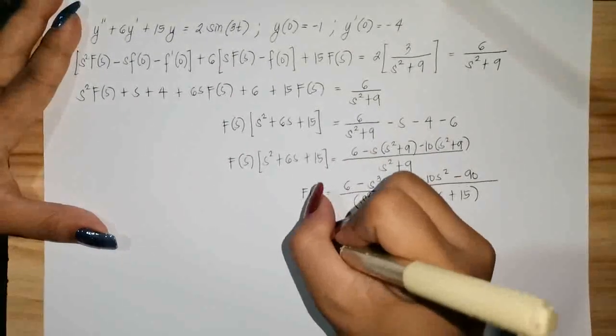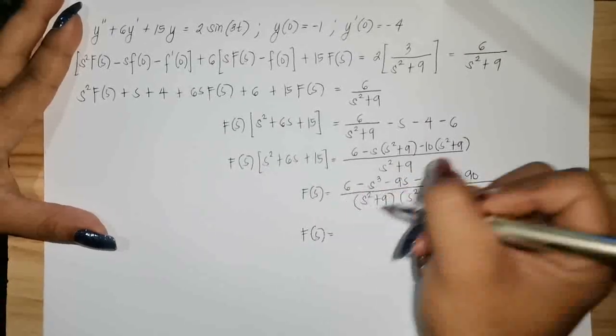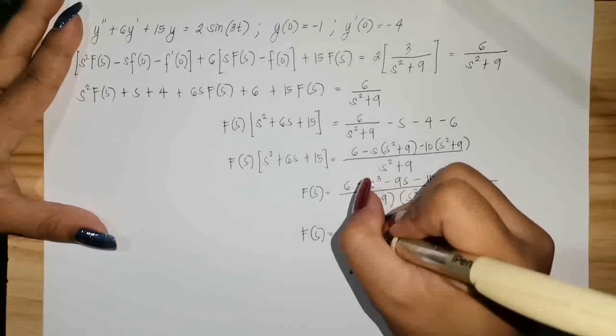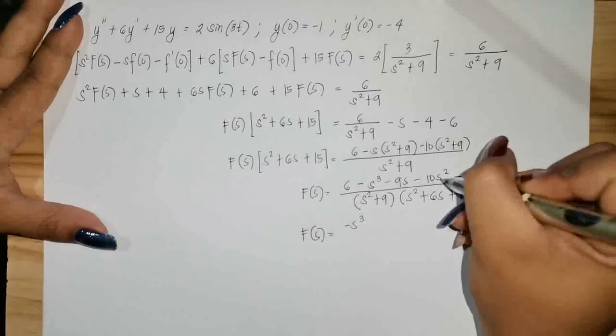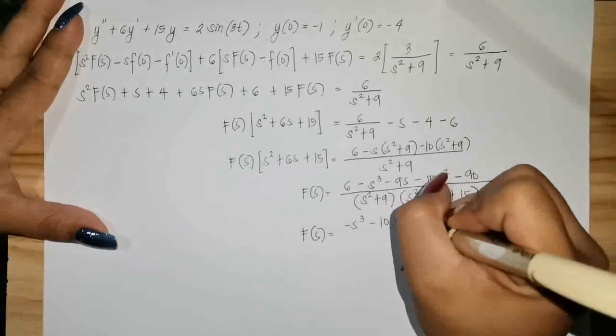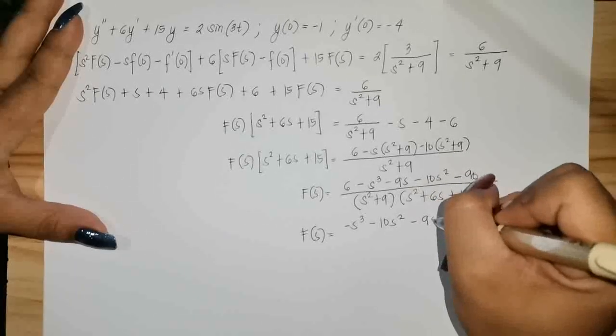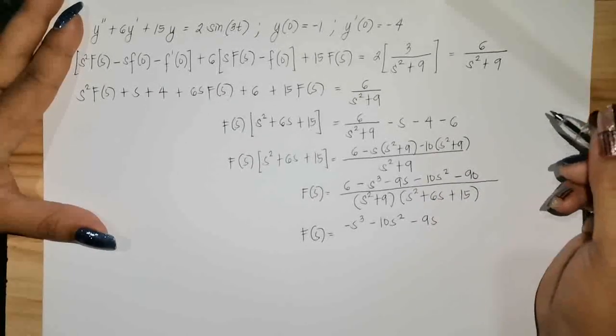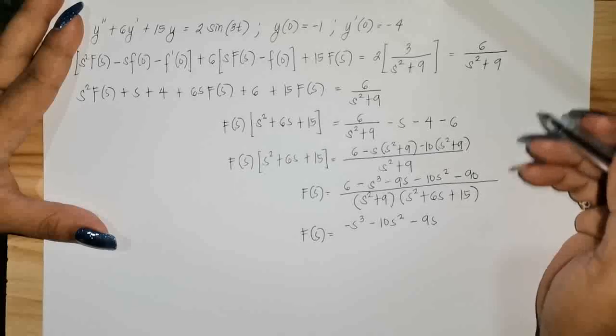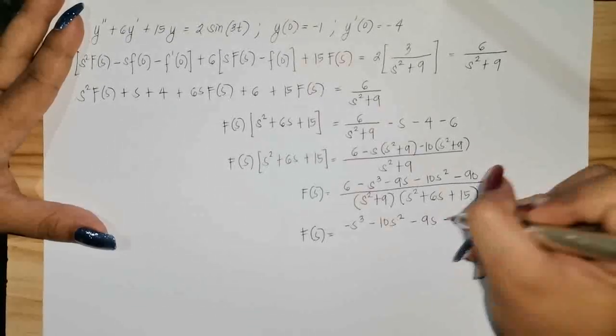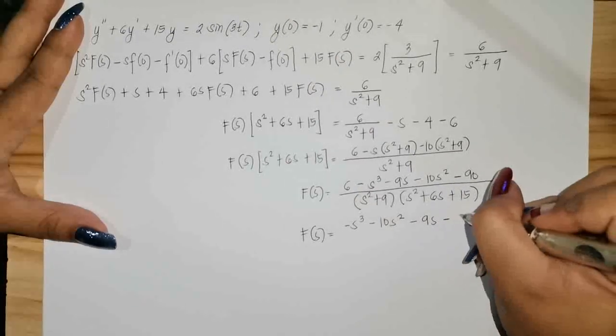Okay, so you will now have an f of s of negative s cubed minus 10s squared minus 9s, and that is 6 minus 90, that's minus 84. Am I correct?